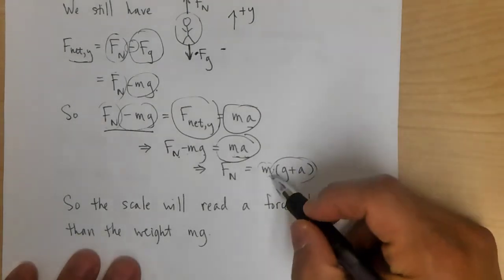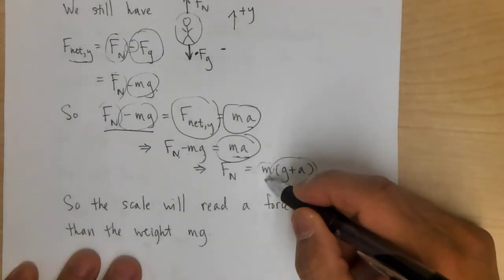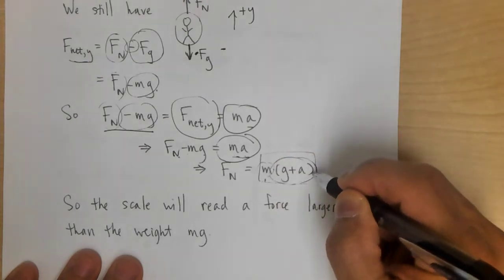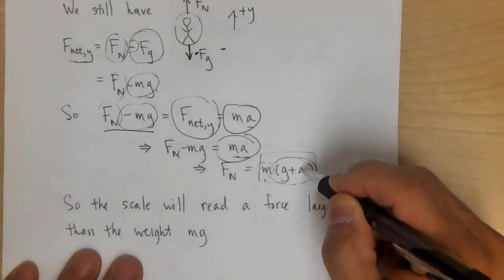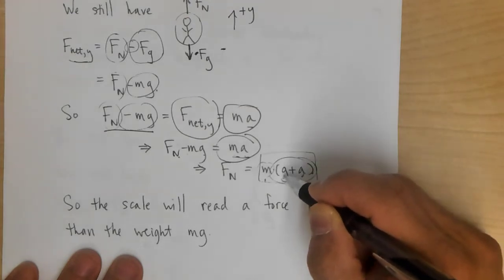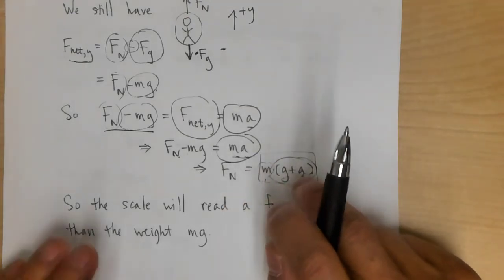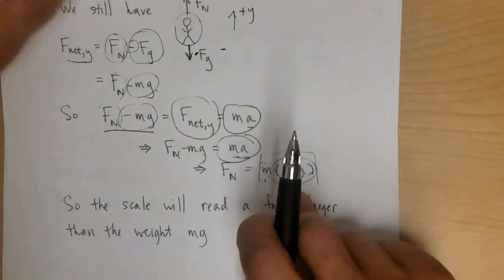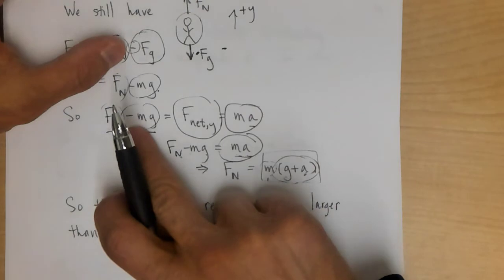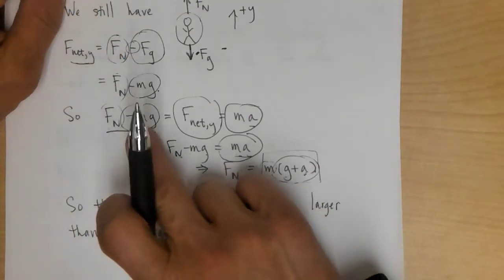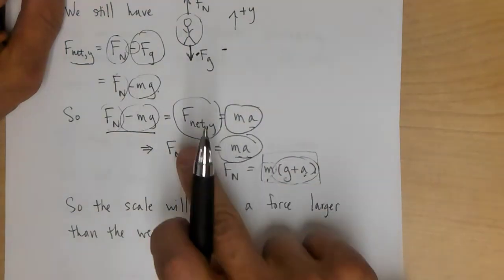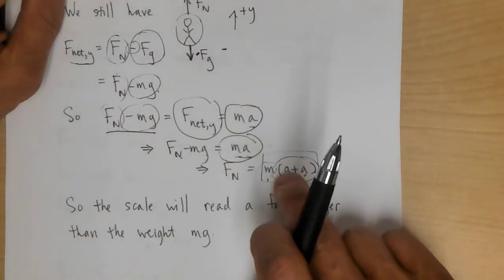Your apparent weight, as people sometimes call it, will be m times (g plus a). You add the acceleration of the elevator to g, and you multiply by m. That's just a shortcut for remembering the result. The derivation is exactly this: the net force, Fn minus mg, must equal ma from Newton's second law, and then we solve for Fn and get m times (g plus a).